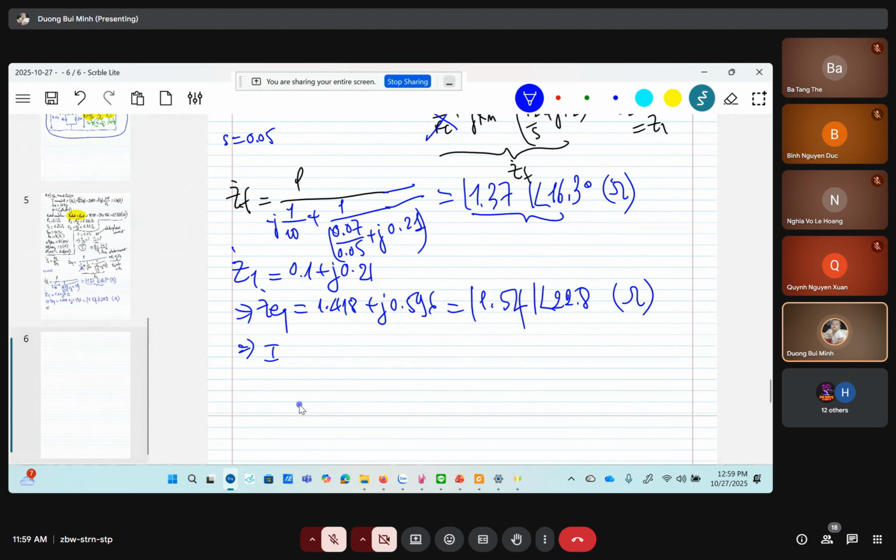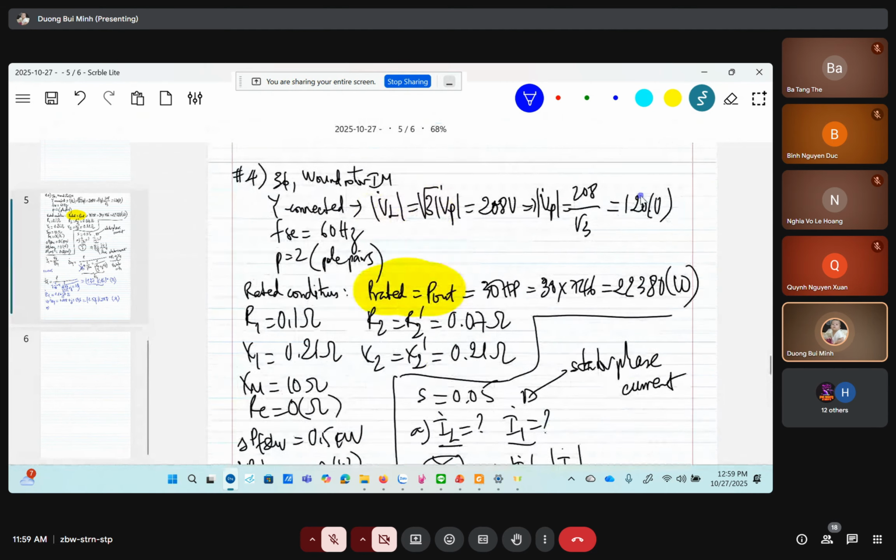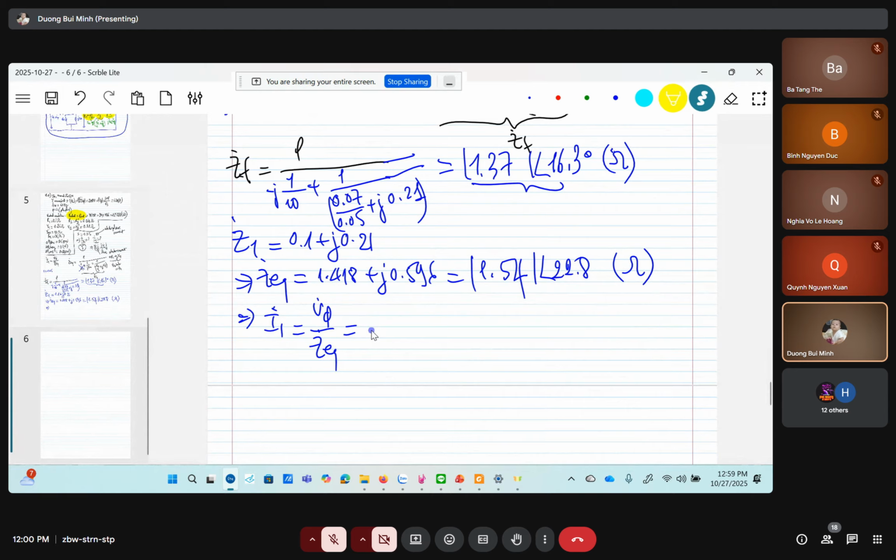Now we can get I1, which is V phase over Z_EQ. V phase we already calculated, 120 at angle 0, over 1.54 at angle 22.8, so you get minus 22.8 degrees. 120 over 1.54, you get 78 amps.